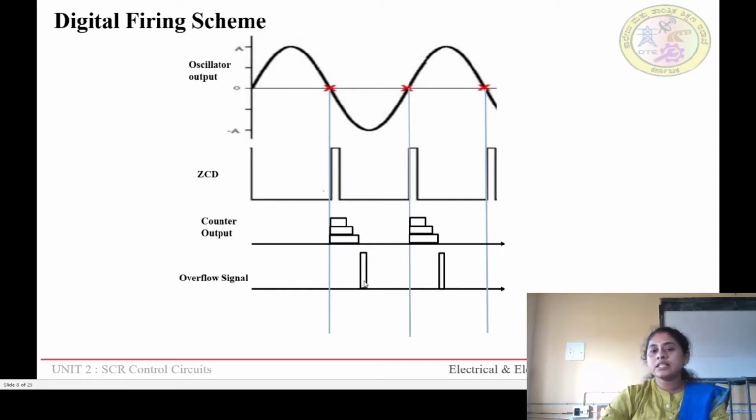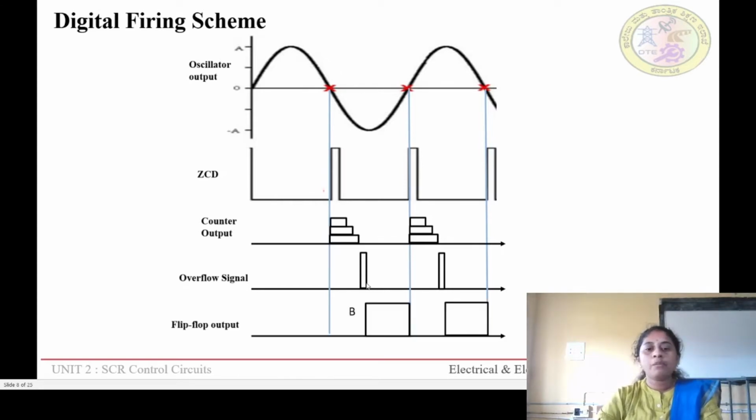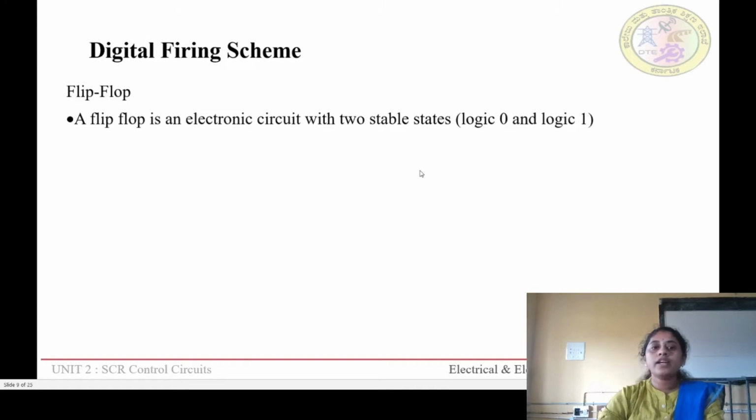It sends this overflow signal to the flip-flop. The flip-flop processes this input signal and produces a flip-flop output. This is the value B, which is stored in the flip-flop until the next ZCD pulse or next zero crossing.